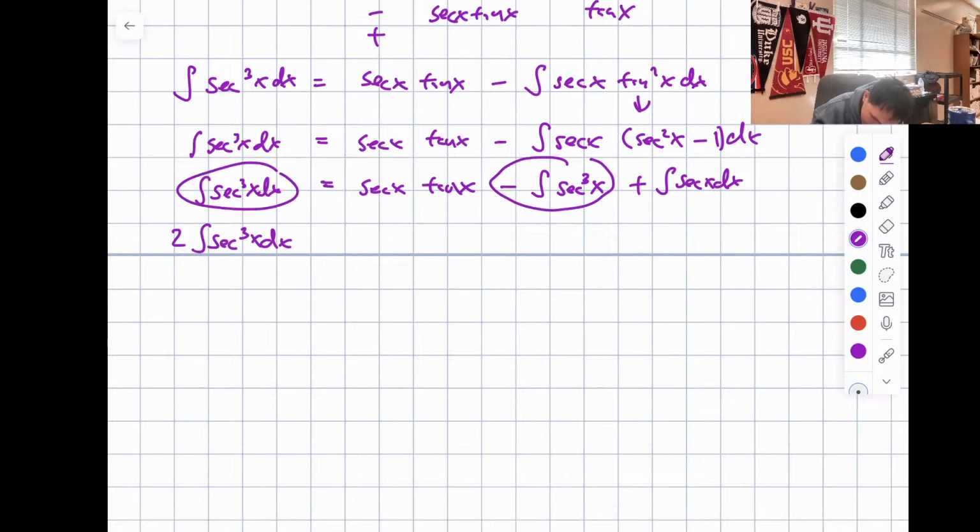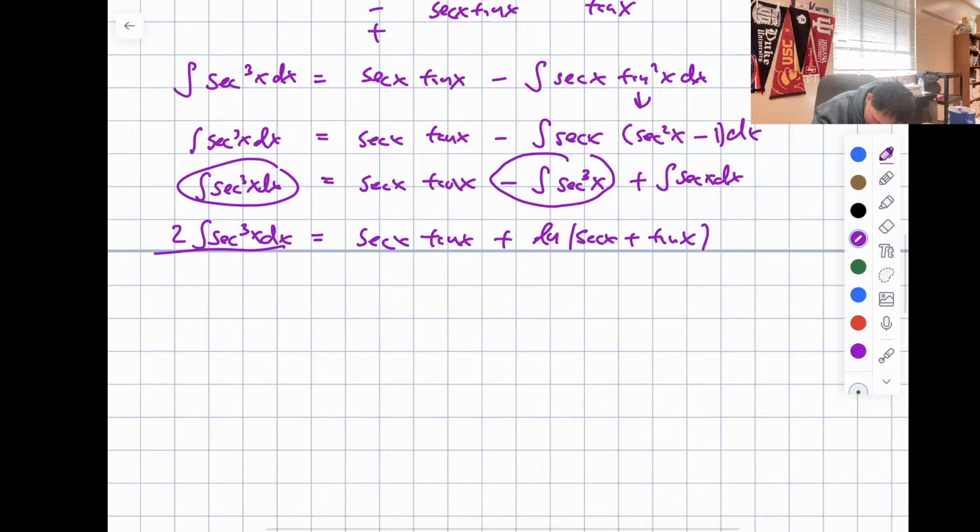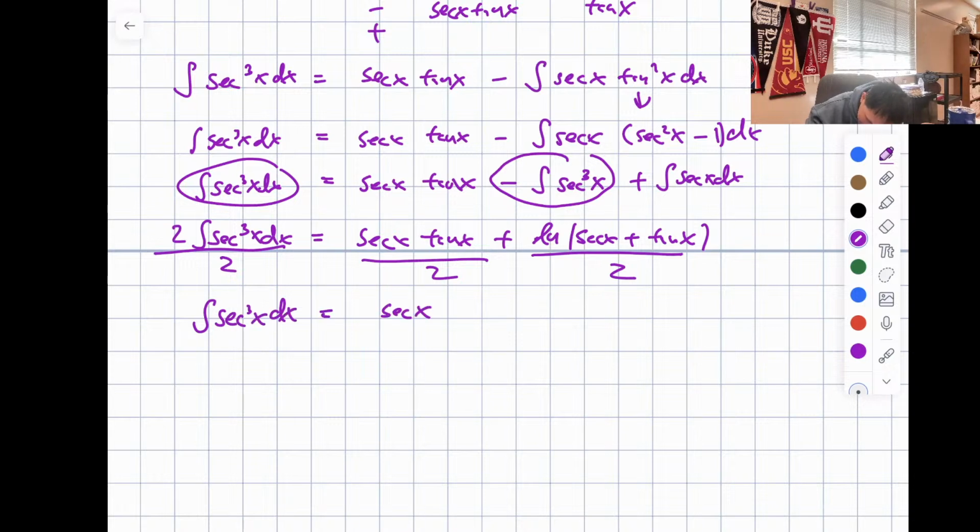And this moving to the left side. So this is Y, and integration of that is natural log of secant of x plus tangent of x. Then I'm going to divide it by 2. So integration of secant to the third x dx is equal to secant of x tangent of x over 2 plus natural log of secant of x plus tangent of x.